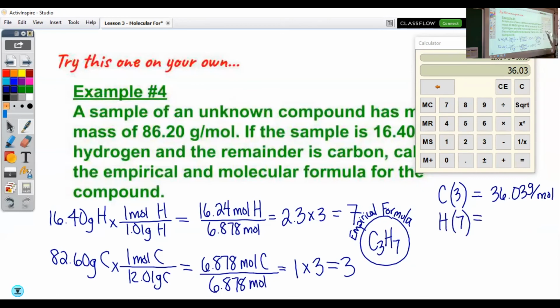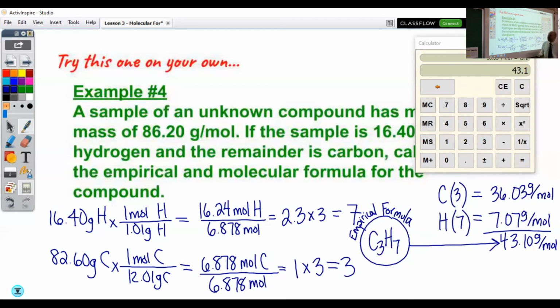Each hydrogen is 1.01, so times 7, we get 7.07 grams per mole, for a total of 43.10 grams per mole. This is our empirical formula mass.